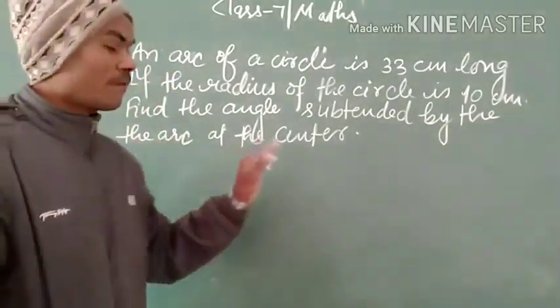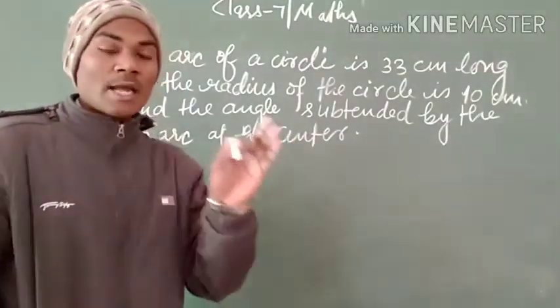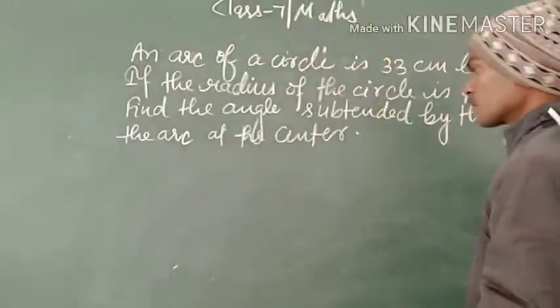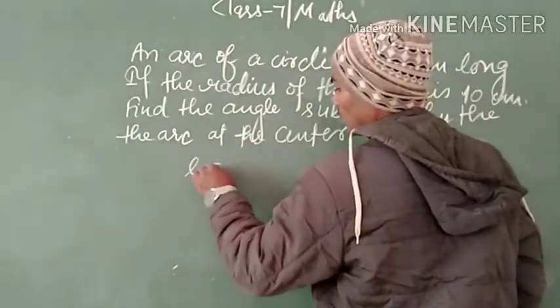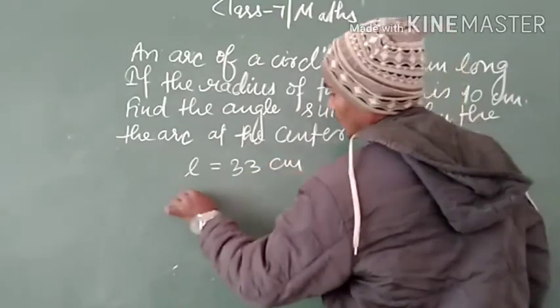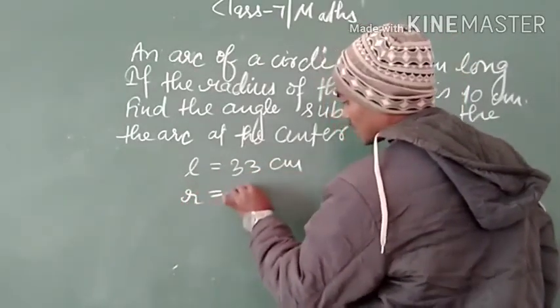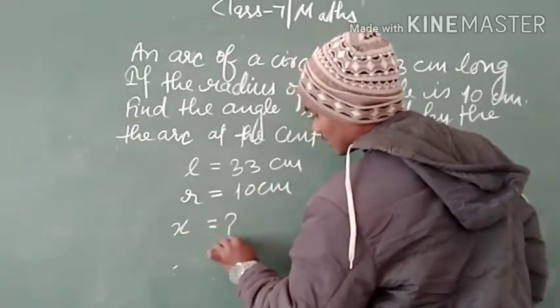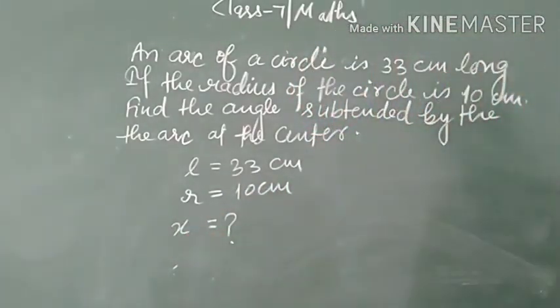So here we have to find the subtended angle at the center. That is, the value of L is given, which is 33 centimeter, the radius is 10 centimeter, and we have to find the value of x.